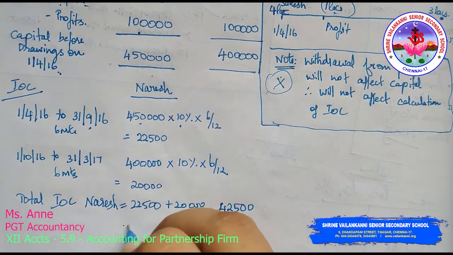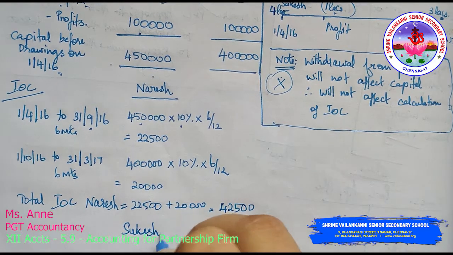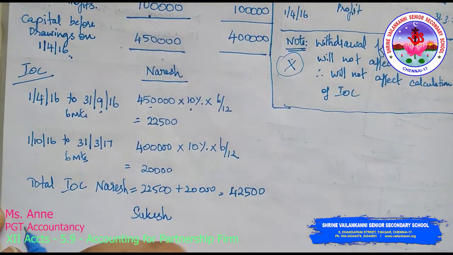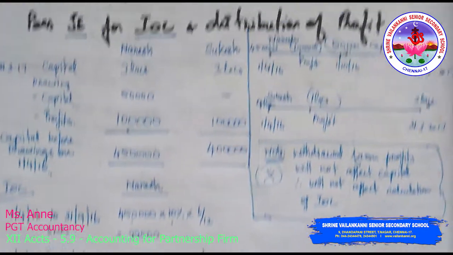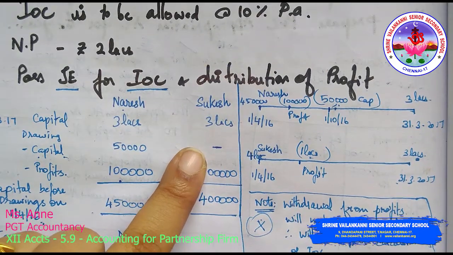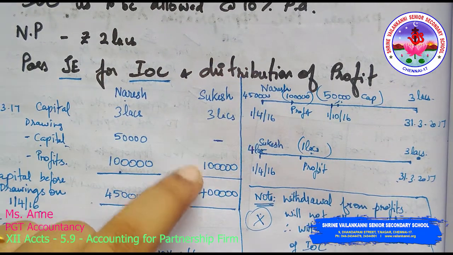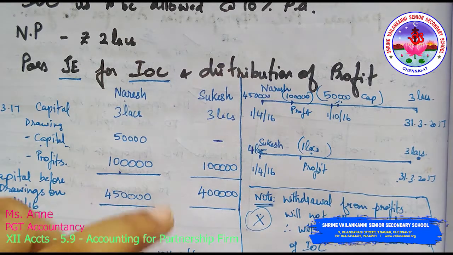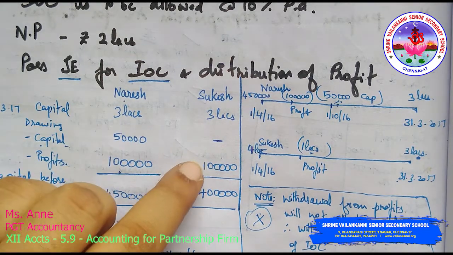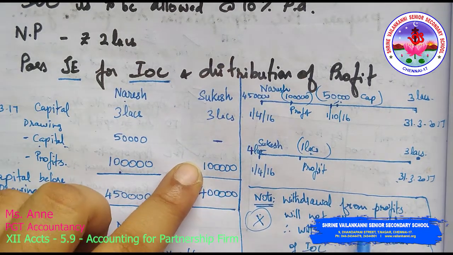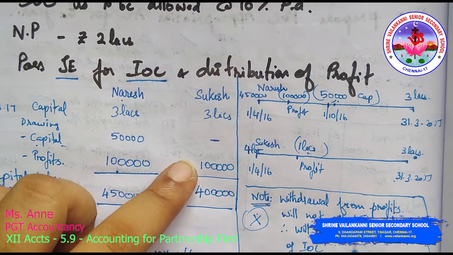Now for Sukesh, it's how much? Sukesh had 4 lakhs. There is no withdrawal in the form of capital. He just has withdrawal from profits. So no need to deduct this 1 lakh because withdrawal from profit does not affect the capital.